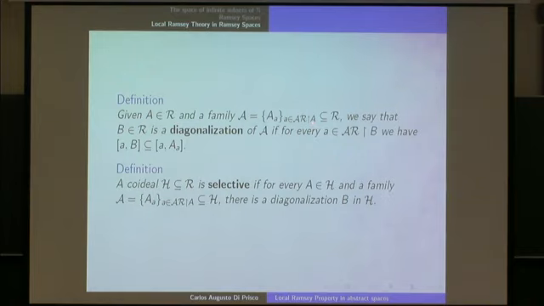And we say that another element of R is a diagonalization if for every approximation in B, every approximation extracted from B, we have this containment: A comma B is contained in the a-th element of the collection with this root A. And we say that a coideal is selective if for every A and every family of this sort, there is a diagonalization of that family in the family H.